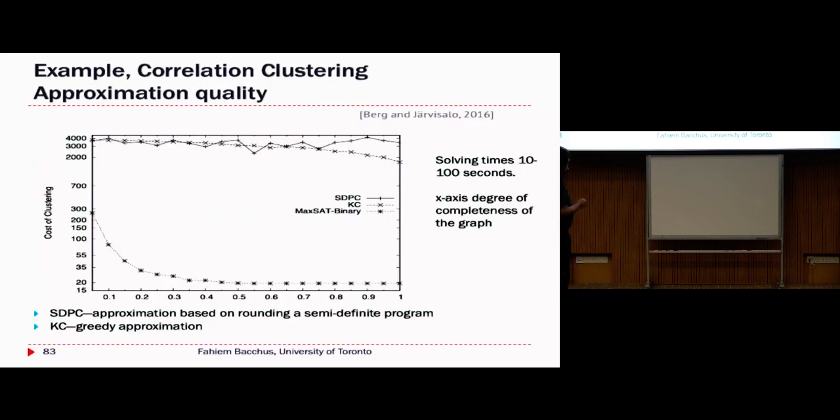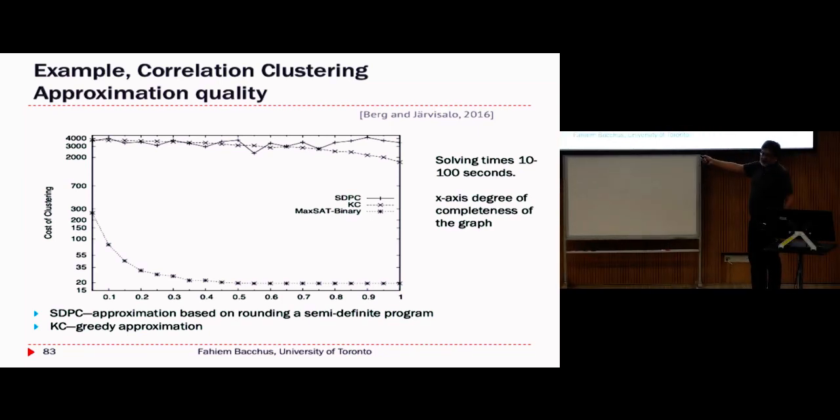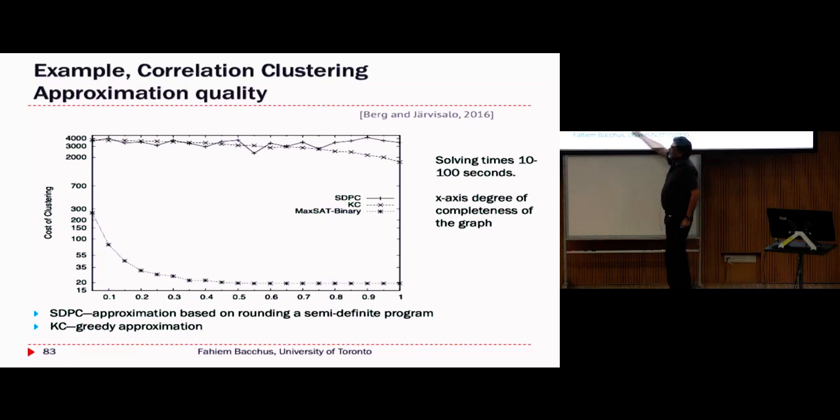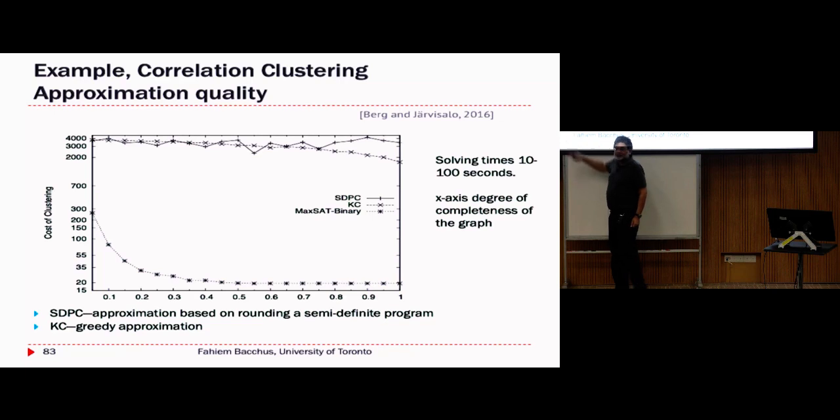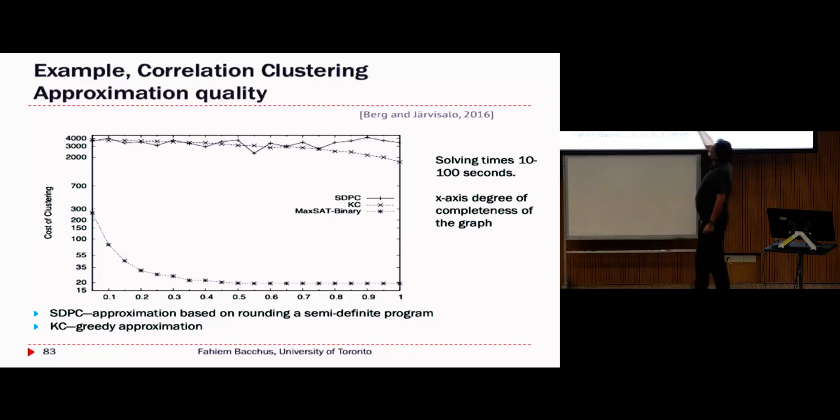Okay? Now this is a well-known problem, studied quite a lot, and there are lots of approximation algorithms. And this gives an example of why sometimes the approximation algorithms are not as good. The approximation algorithms work much more efficiently. However, if you look at the cost of the clustering, according to that metric, that's produced by these two approximation methods, this one based on rounding a semi-definite program, and this one based on a greedy approximation, you see that the cost is quite large.